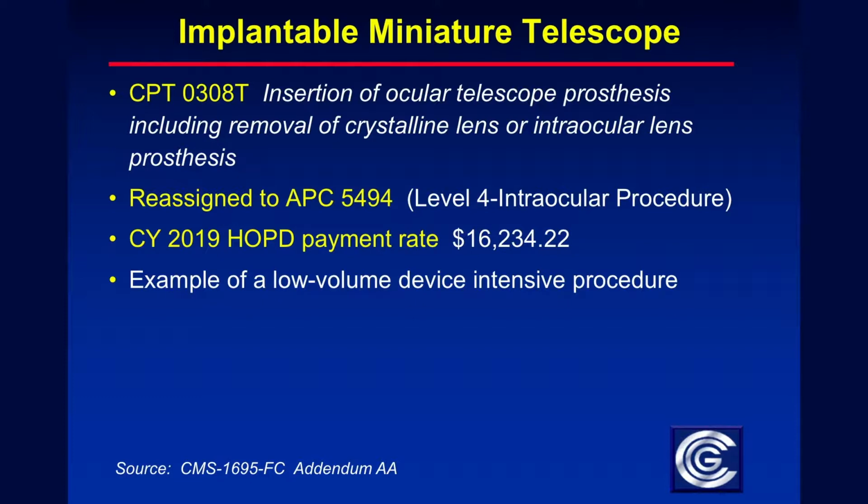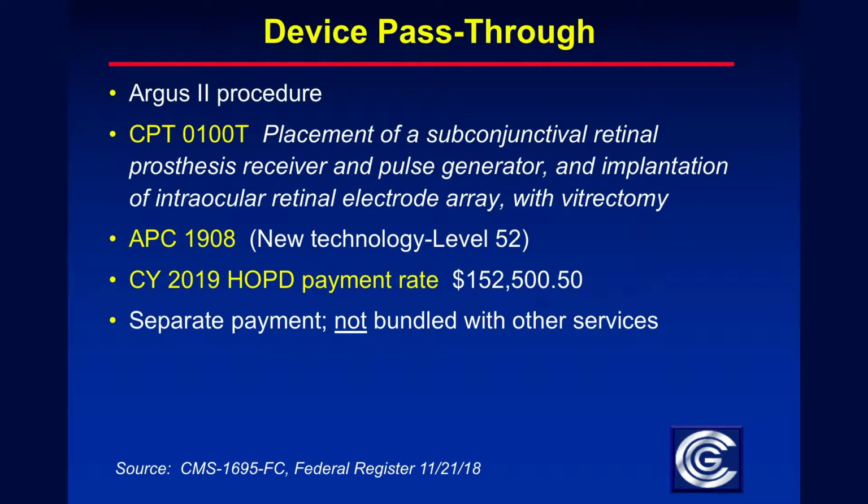When performed in a hospital outpatient department, the allowed amount is $16,234.22. For an ASC, the allowed amount is less than $3,000, which is not viable in that setting. For 2019, CMS approved just one device for pass-through payment, the Argus II retinal prosthesis system.